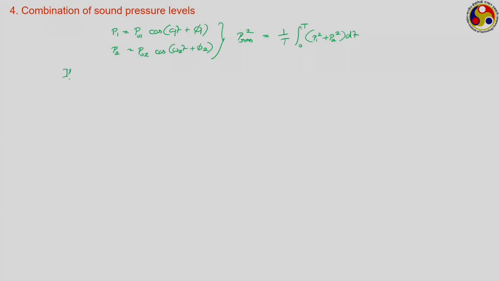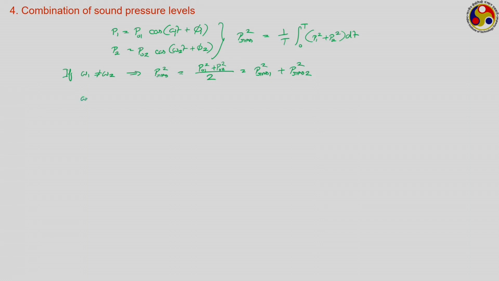If omega 1 and omega 2 are not equal to each other, in that case P RMS square becomes P naught 1 square plus P naught 2 square by 2, that is it becomes RMS for the first signal squared plus RMS for the second signal squared.